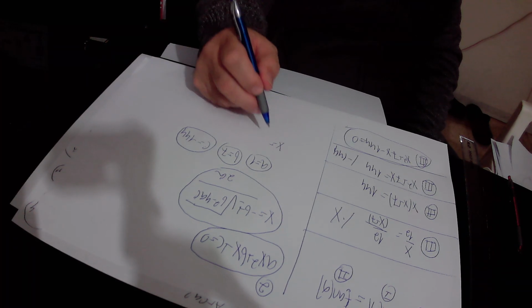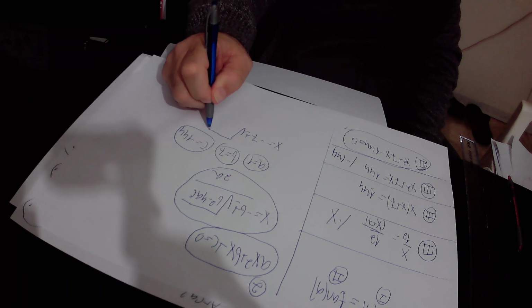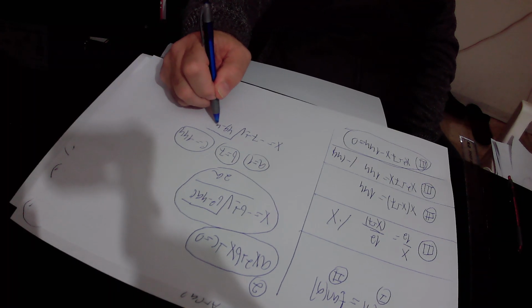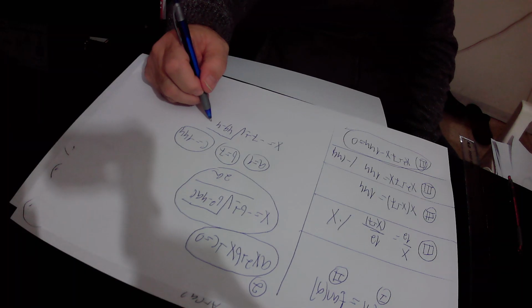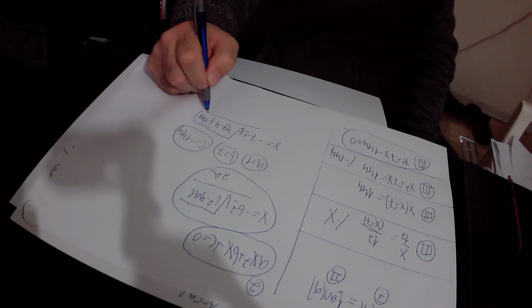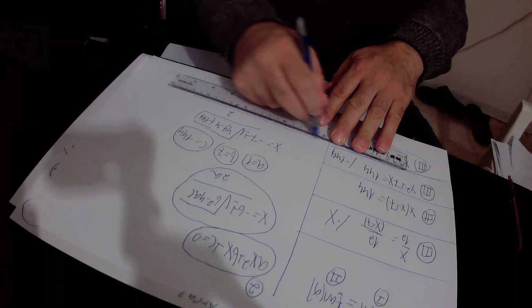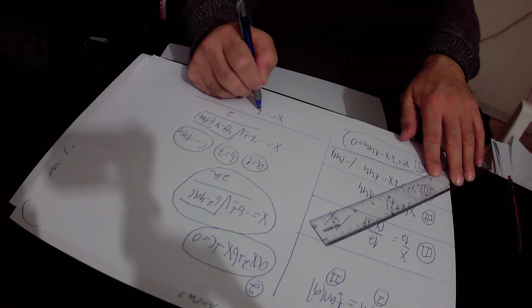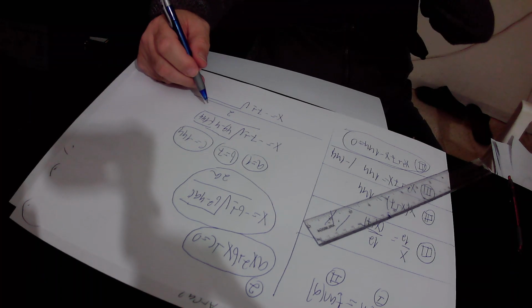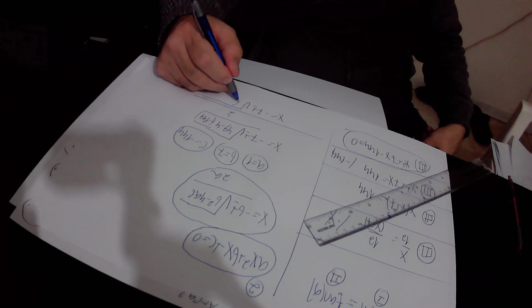So x will be equal to minus b. b is 7, so minus b is minus 7, plus minus square root of b squared. b is 7, so b squared is 49, minus 4 times a, which is 1, times c, that is minus 144, over 2a. a is 1, 2 times 1 is 2. So we found that x equals minus 7 plus minus the square root of, 4 times minus 144 is plus 576, plus 49, in total equal to 625.